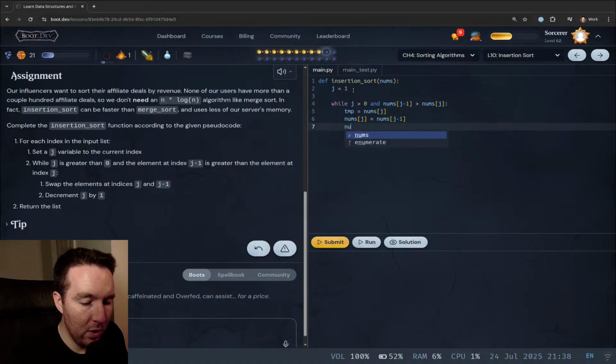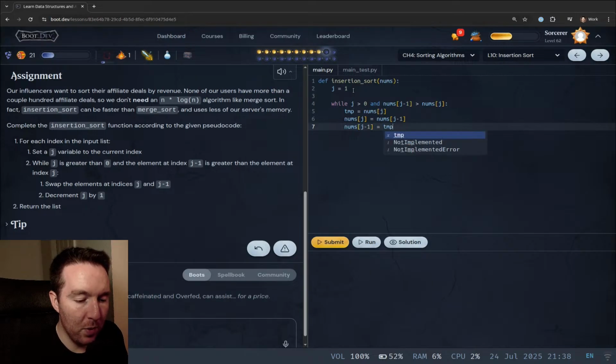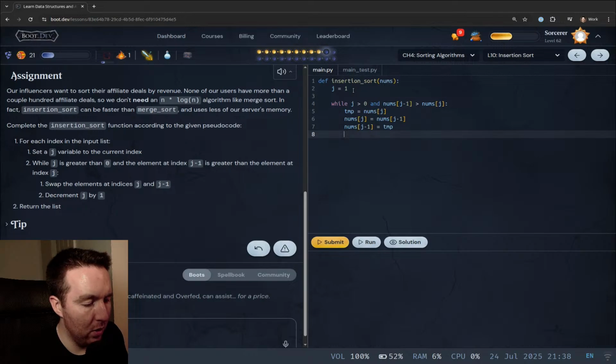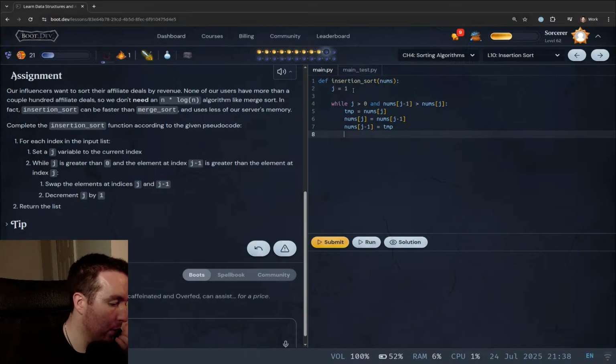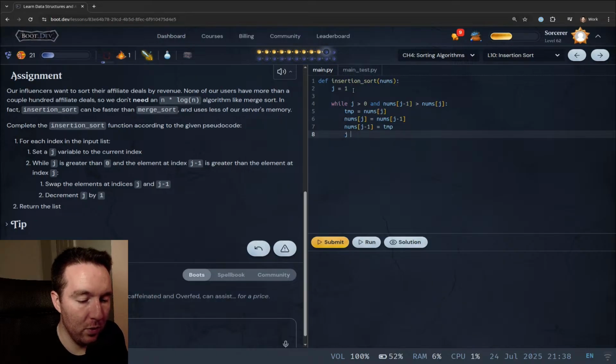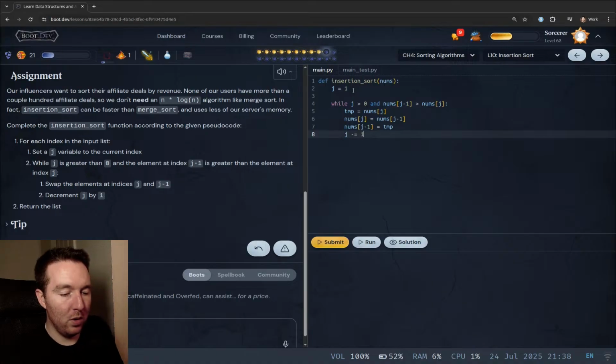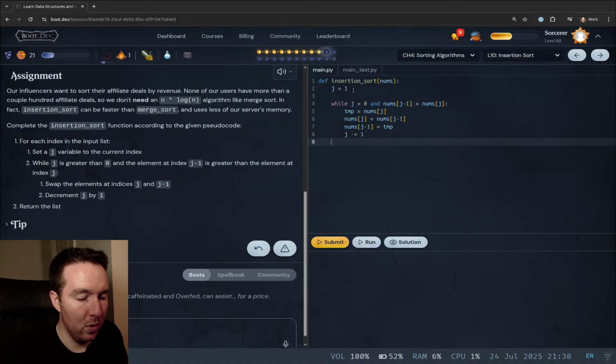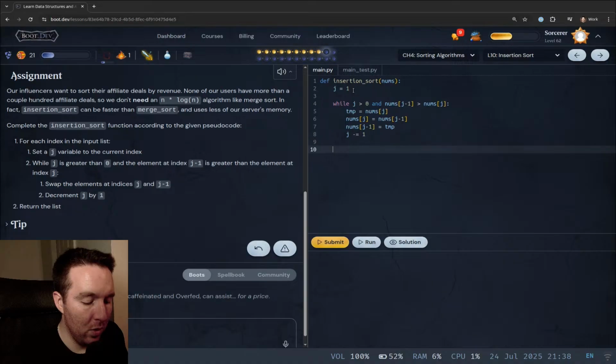Then we're going to say nums[j minus 1] is equal to temp, and then decrement j by 1. So j minus equals 1. Return nums.